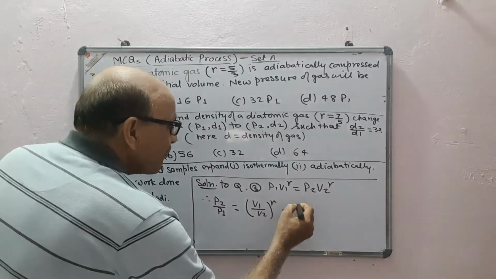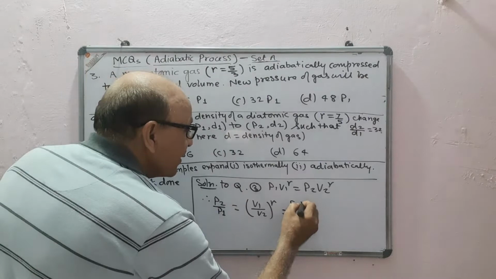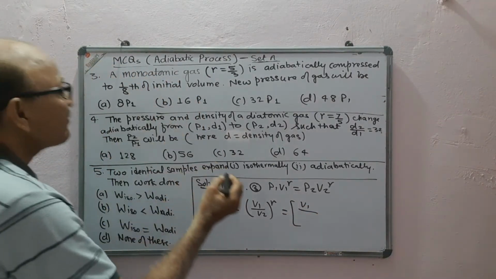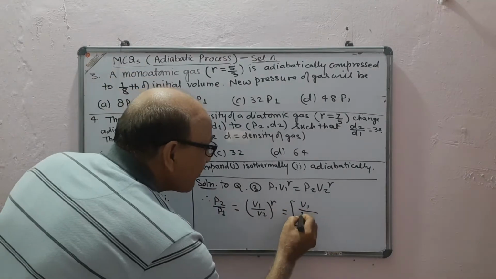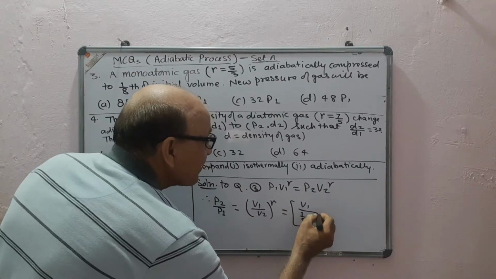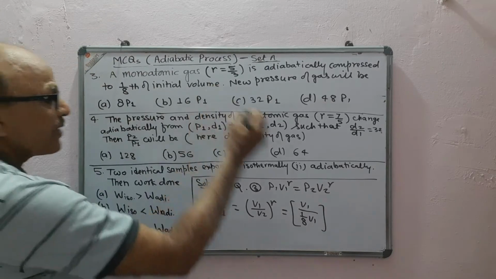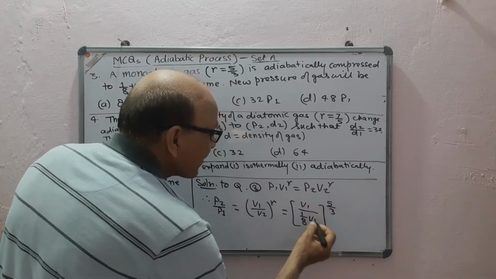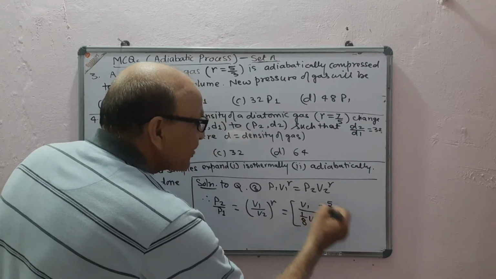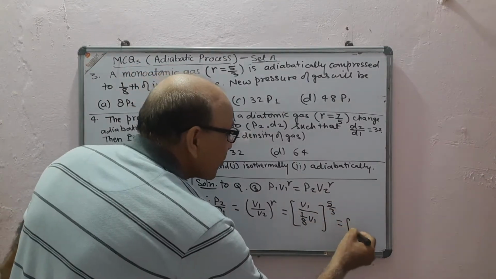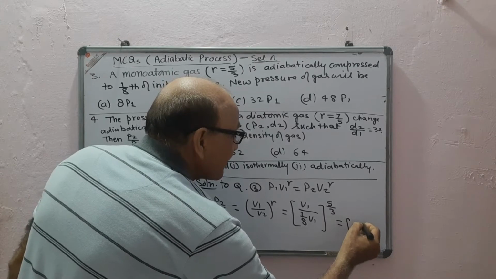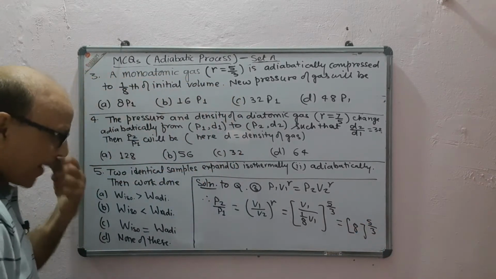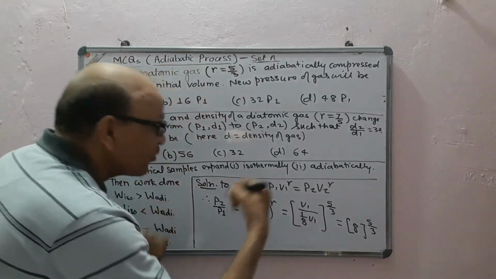Now, V1 upon V2 is V1 upon 1/8 V1, and gamma is 5/3. V1 cancels and 8 goes in the numerator. So this is 8 to the power 5/3, and you know 8 is 2 to the power 3.